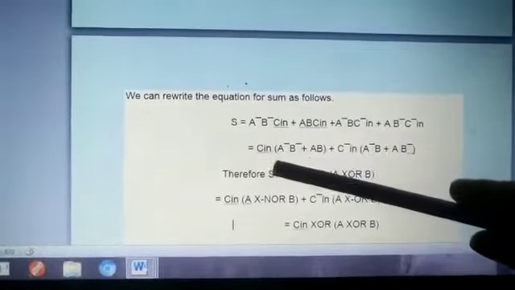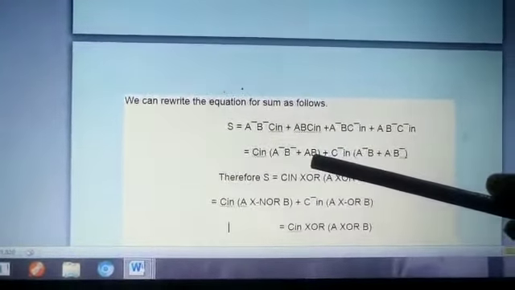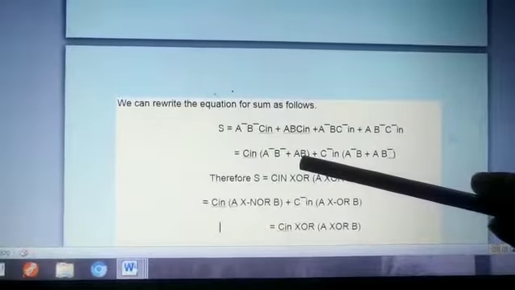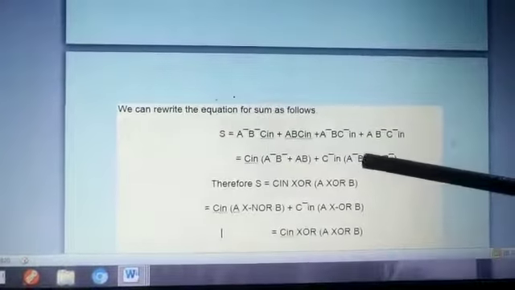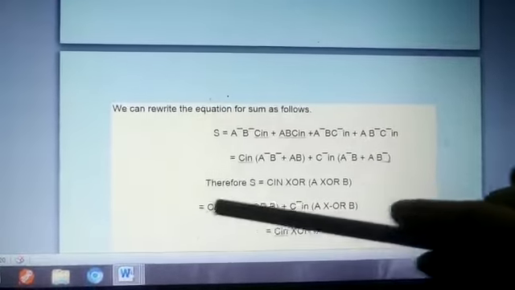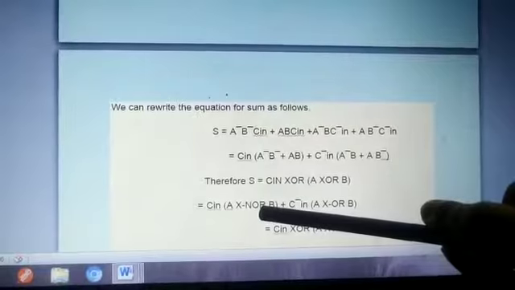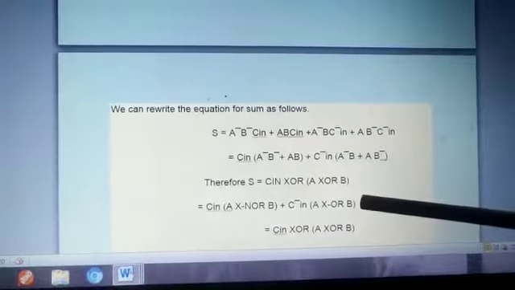This expression A bar B bar plus AB is actually the XNOR gate, the XOR gate followed by NOT. This is the expression of an XNOR gate, and the other is the expression of an XOR gate. So C in times XNOR, that is the bar of an XOR gate, plus C bar in times an XOR gate.